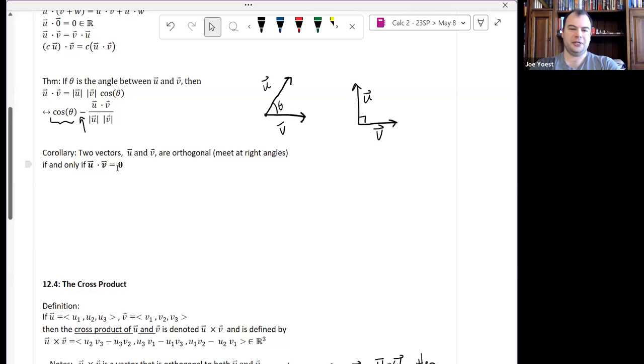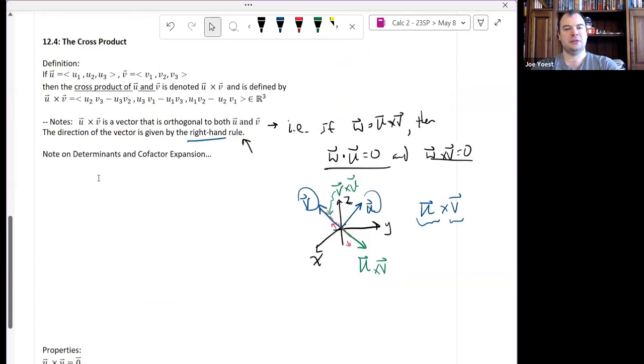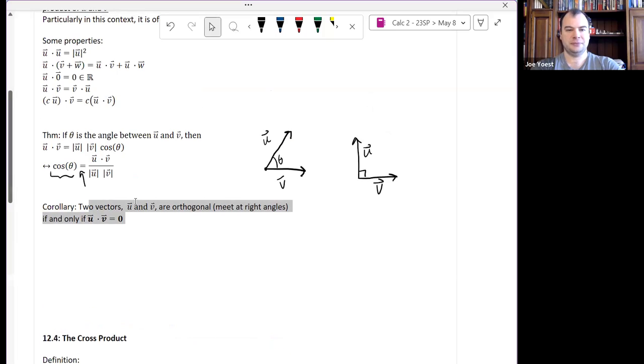So there's a sense in which if two vectors are orthogonal, their dot product is 0, and if they're parallel, their cross product is 0. The dot product is, loosely speaking, a measure of how parallel two vectors are.